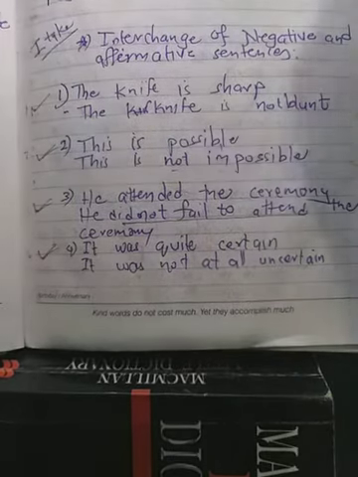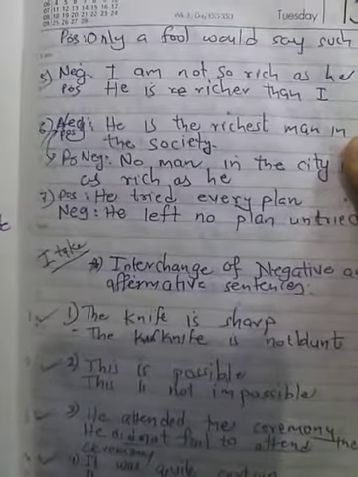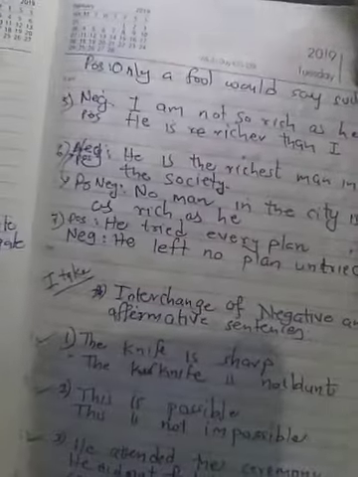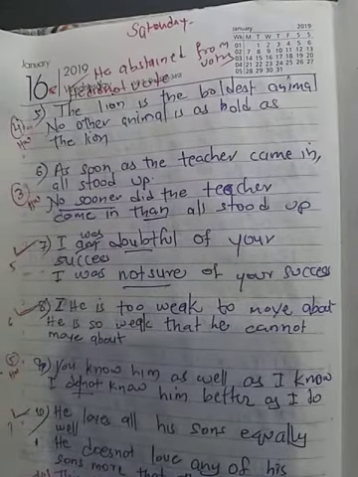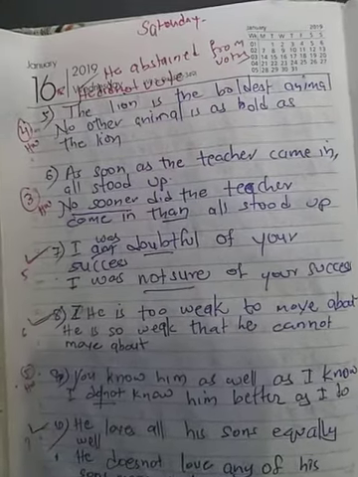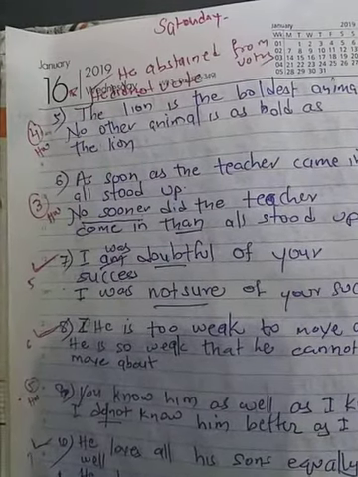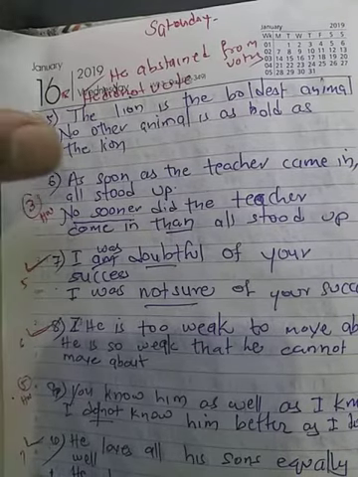Now moving further, we will see the fifth sentence. The fifth sentence says, the lion is the boldest animal. Okay.